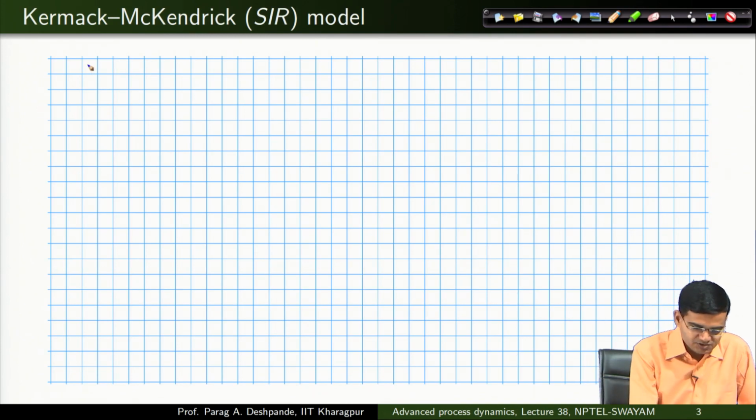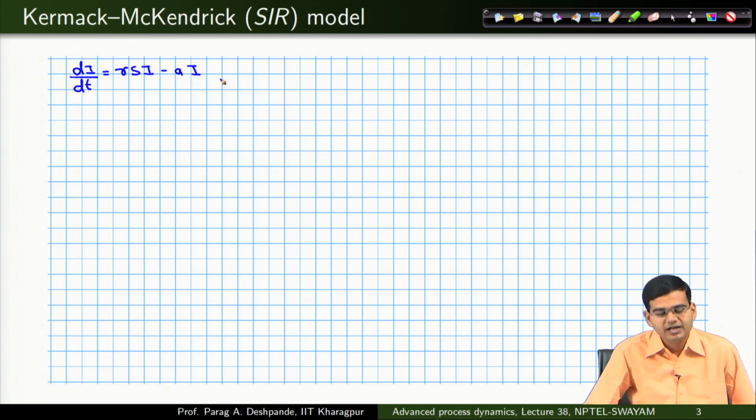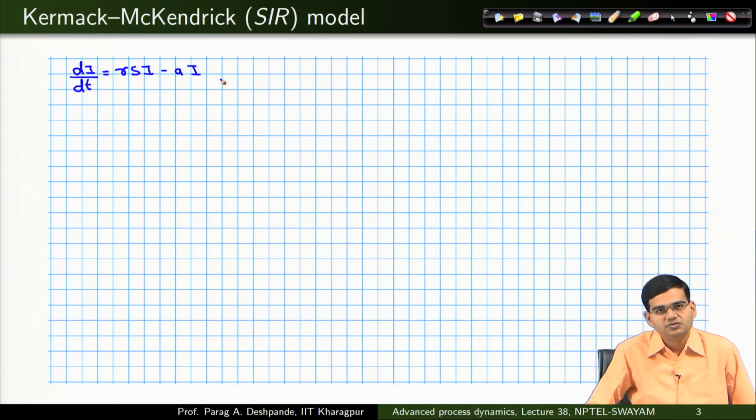Let us see this. So, I have dI/dt is equal to r S I minus a I. This was the model equation for I, and when you have a maxima for the function I equal to I of t, then the derivative should become 0.